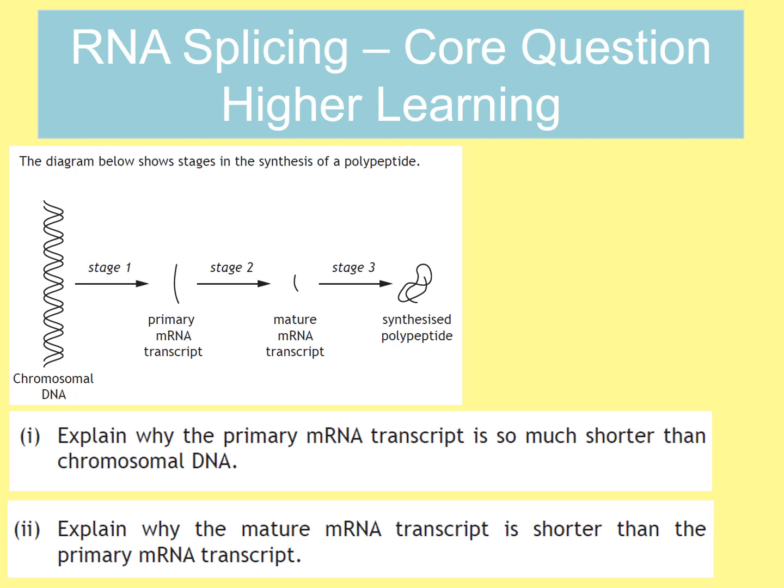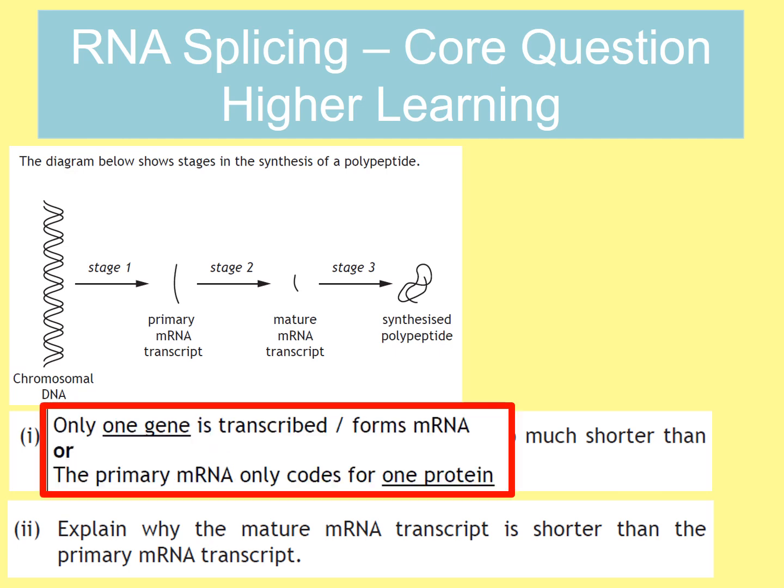When we're looking at synthesizing a protein, the process of transcription only copies one gene. That chromosome is made up of many genes. So the reason why the primary mRNA transcript is so much shorter is because there is only one gene being transcribed.